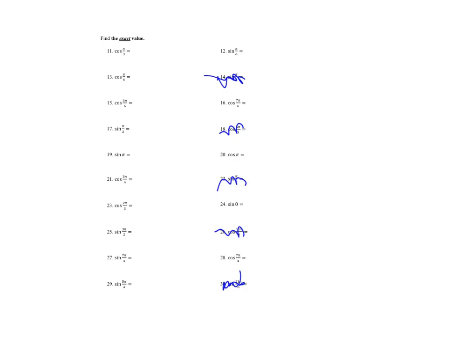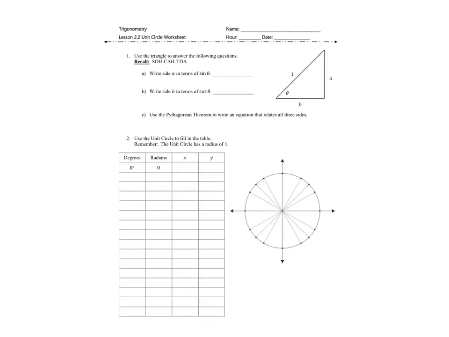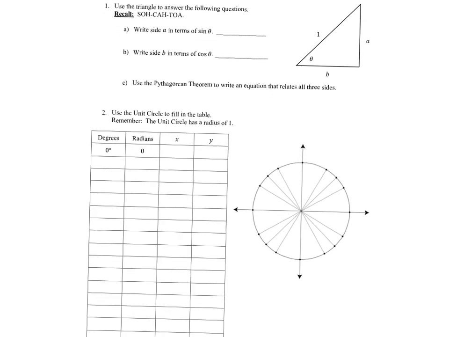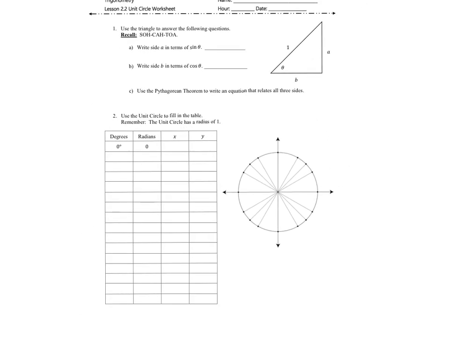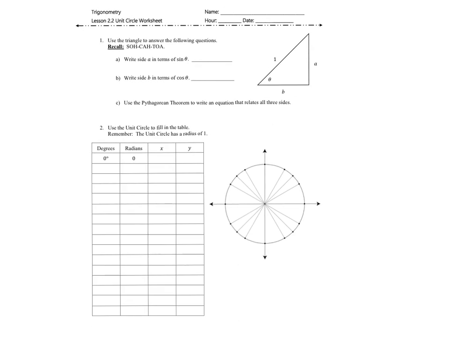And then if we look at 2.2, I'm going to want you to do all of this, just because you need to get in the habit of writing down where everything is.